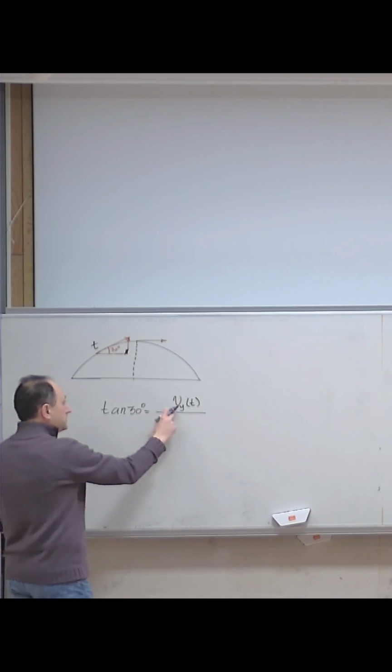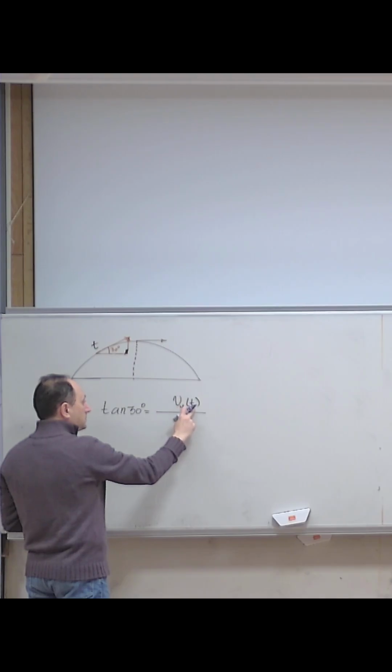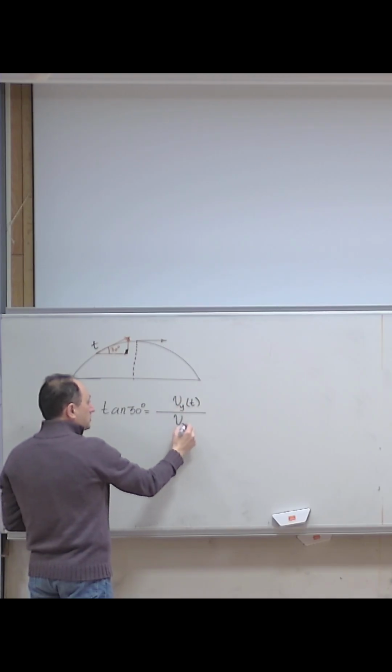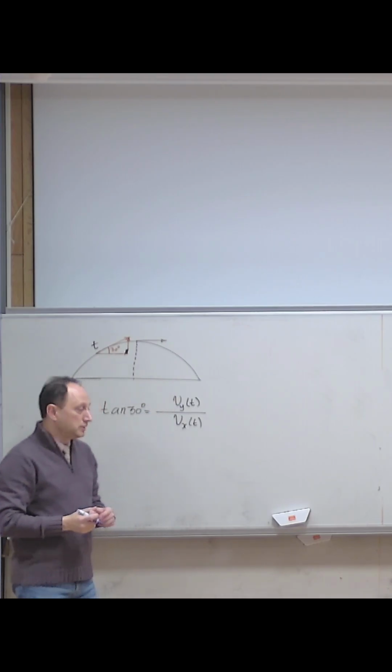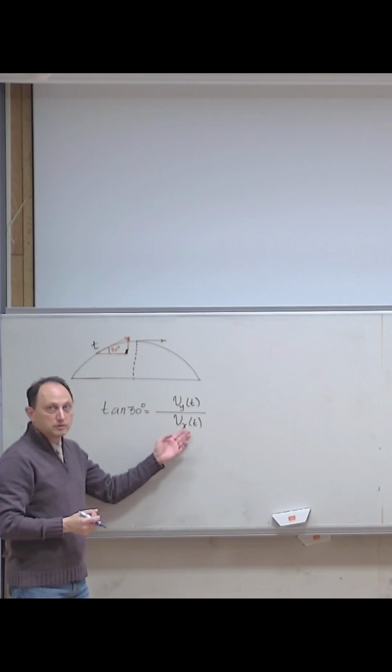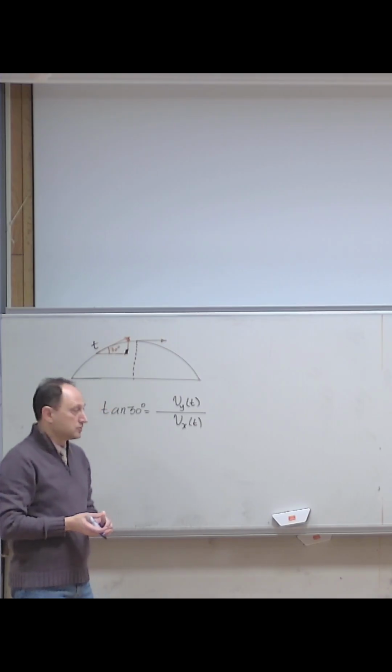So this is the y component of the velocity at time t divided by the x component of the velocity at time t. But of course we know that in projectile motion the x component of velocity always remains the same. There is no acceleration in the horizontal direction.